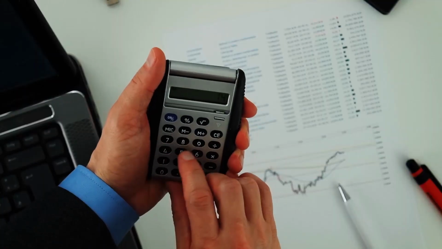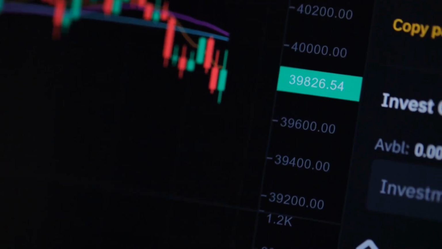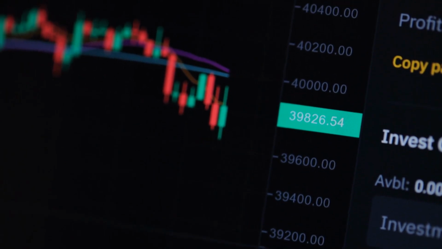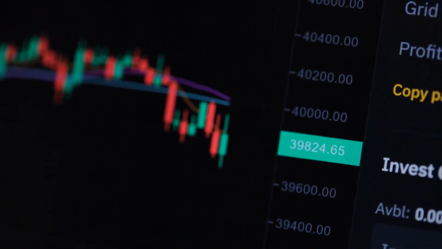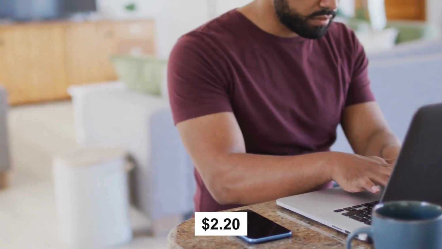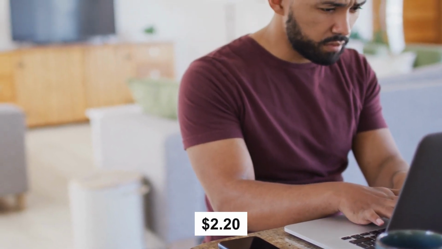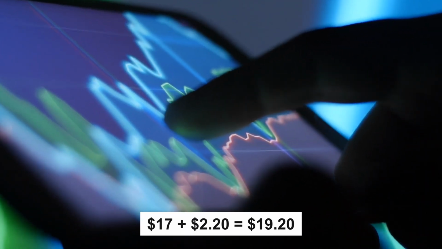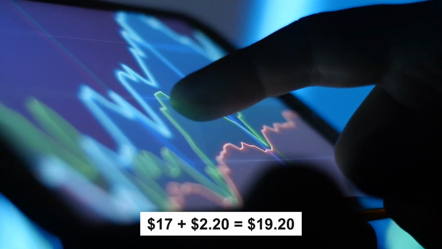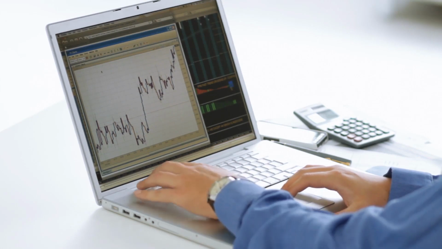To profit from this call option, Twitter stock would need to increase enough for its intrinsic value to surpass the premium paid for the option. For instance, if we paid $2.20 for the 17 strike call, we would need the stock to reach $17 plus $2.20, totaling $19.20 to break even at expiration.